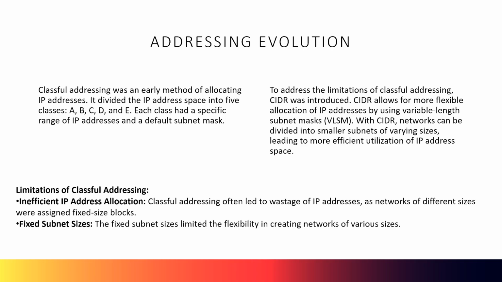With this, networks can be divided into smaller subnets of varying sizes, leading to more efficient utilization of IP address space, as well as facilitating routing and reducing routing table size.